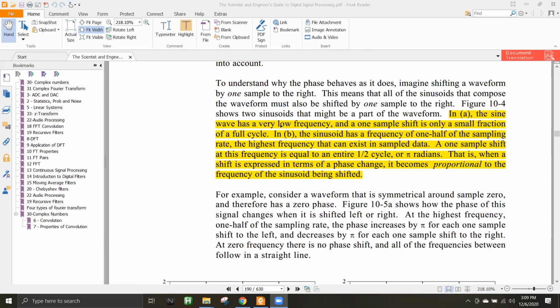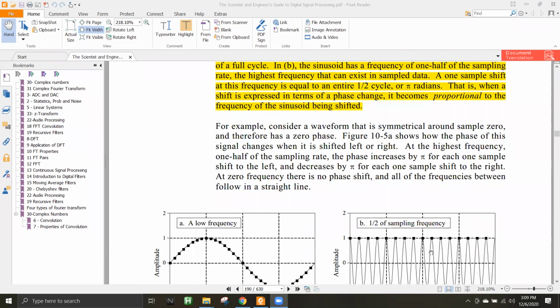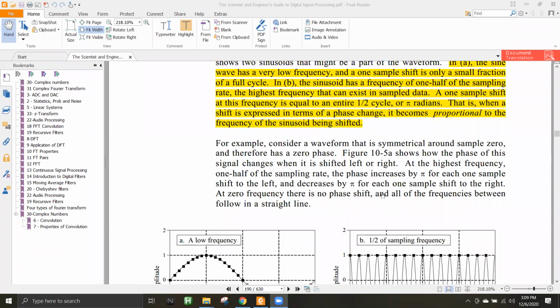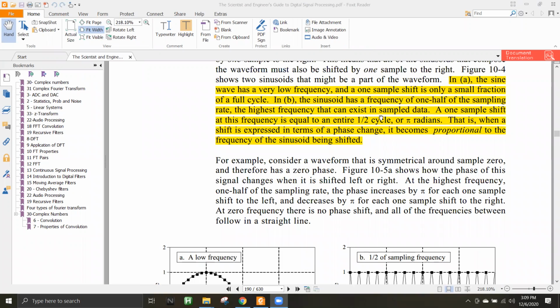So for the sine wave that has a very low frequency, a one sample shift is only a small fraction of a full cycle. But for the other signal, the sinusoid has a frequency of 1/2 of the sampling rate. This is the highest frequency that is possible.